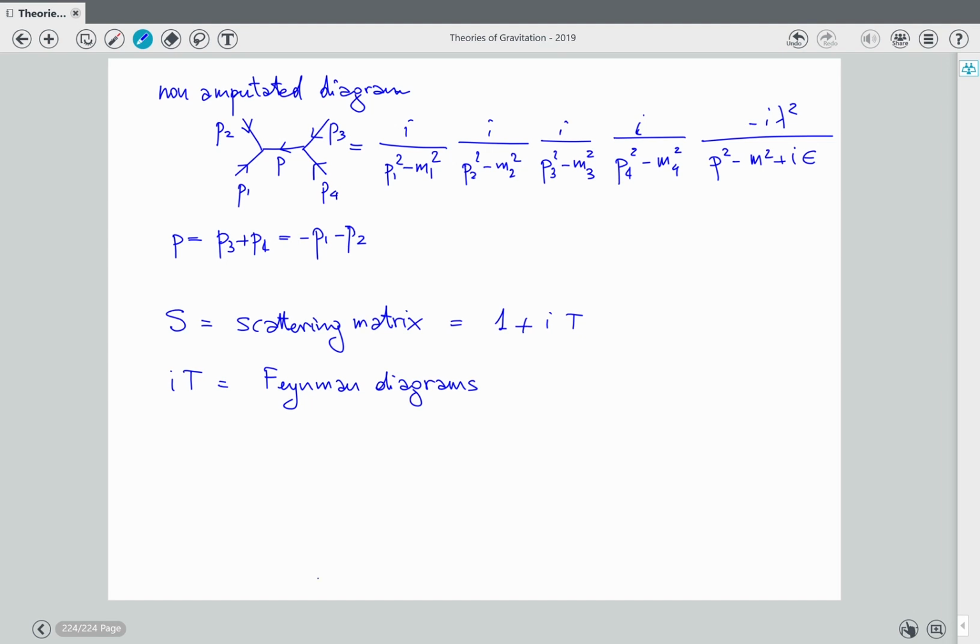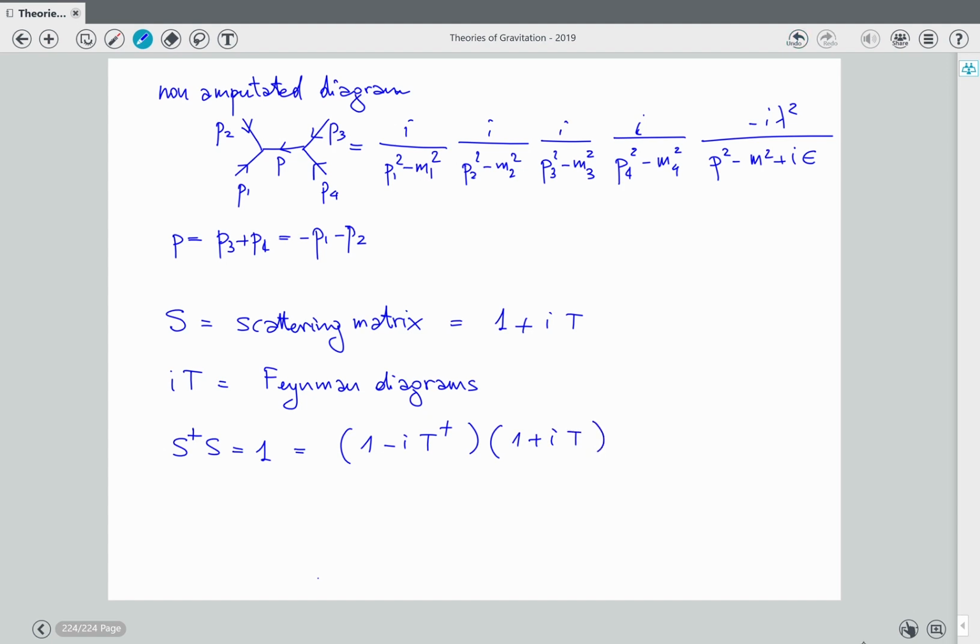And then unitarity, S dagger S equal 1, can be written as 1 minus IT dagger times 1 plus IT.